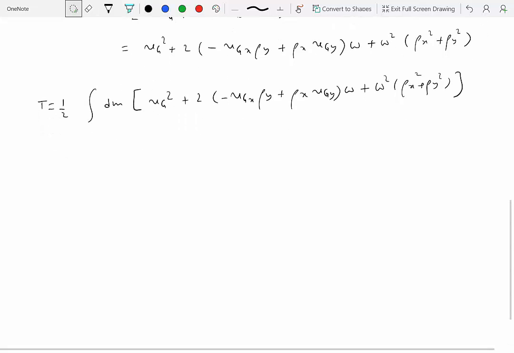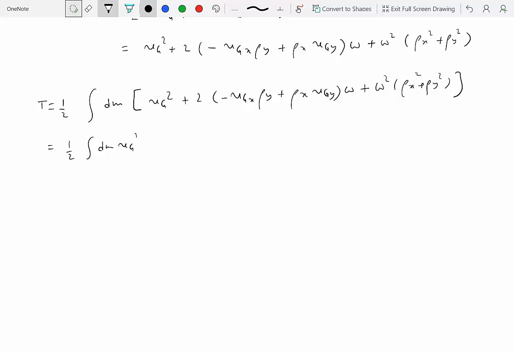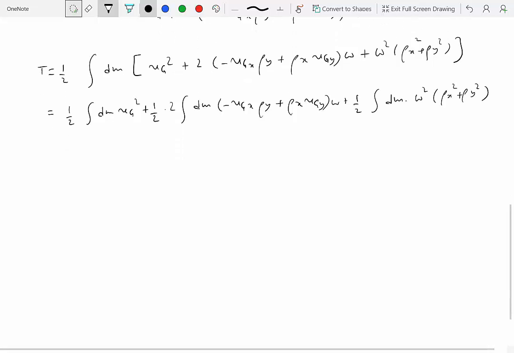Okay, all right, so now I'm going to take the dm inside each of these three terms, and we'll get 1/2 integral dm vg squared plus 1/2 integral, so this is 2 here, dm times minus vgx rho y plus rho x vgy omega plus 1/2 integral dm times omega square rho x squared plus rho y squared.